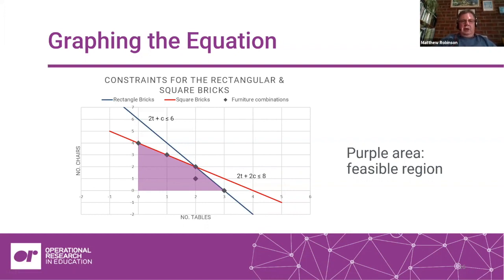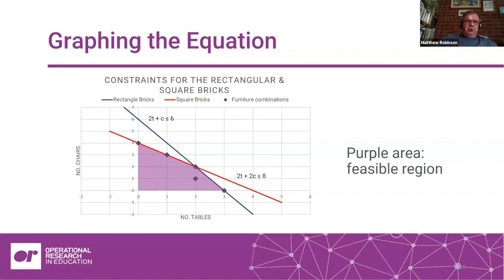And each of the diamonds which are on there are potentially showing solutions, so combinations that could be made. And you may well be thinking, well, how do we work out the optimal solution? And what you want to work out is, where is the most extreme one? So remember, when we did this as a building exercise, we had 2 tables and 2 chairs as the optimal solution. And so you can see this on the graph.